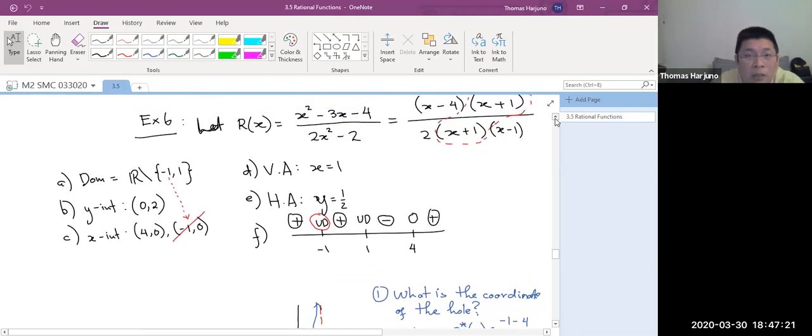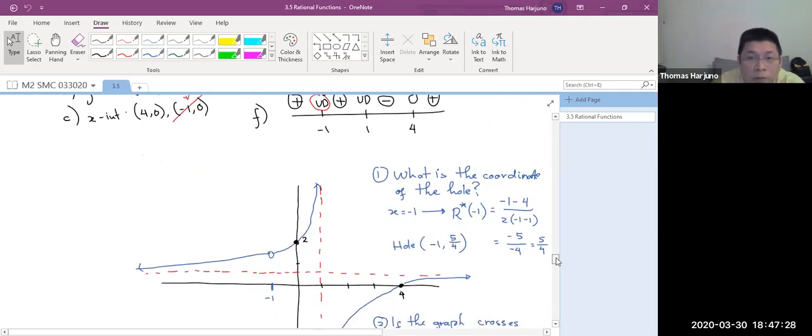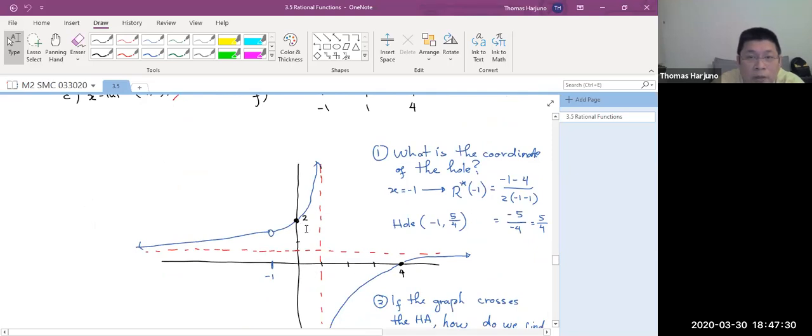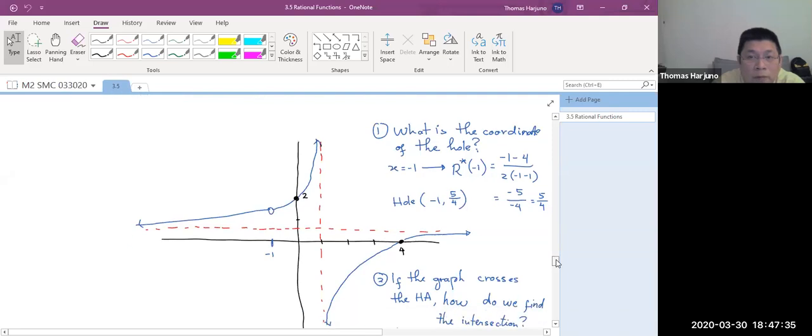This is example 6. The y-intercept is 0.2, so it is positive. This is the graph for that example 6.